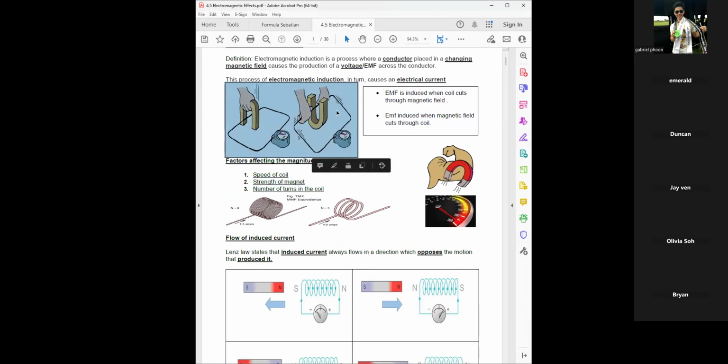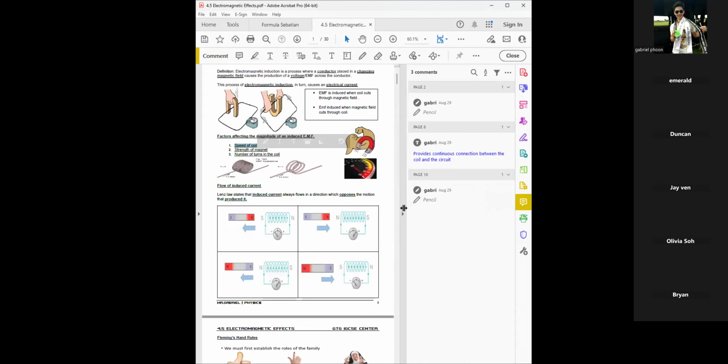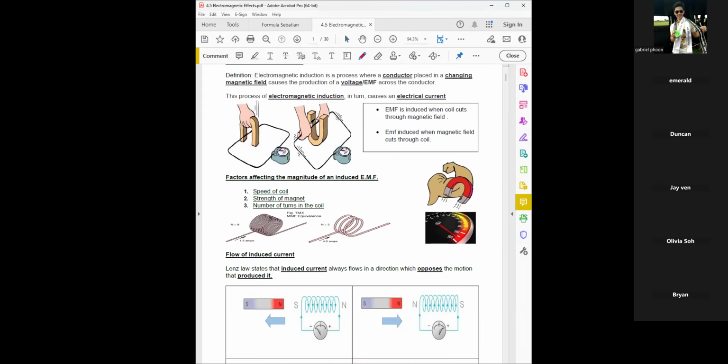Let's say, for example, today we look at the first factor, which is the speed of the coil. If I take this wire and I go up, down, up, down, maybe I can only produce 1 volt of EMF.